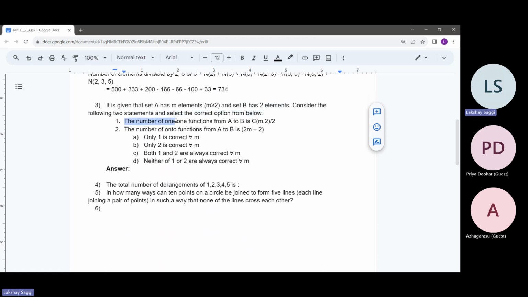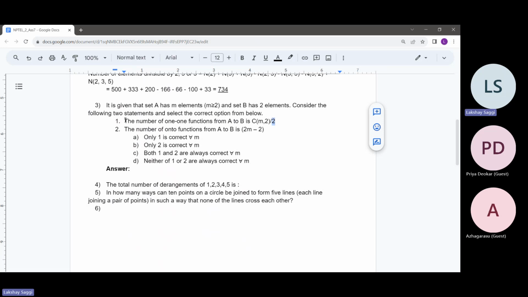So statement 1 says that the number of 1-1 functions from set A to B is C(m, 2). I believe this notation C(m, 2) must have been covered in the lectures also. This just means m choose 2. So basically this option is saying that the number of 1-1 functions from A to B is m choose 2 divided by 2.